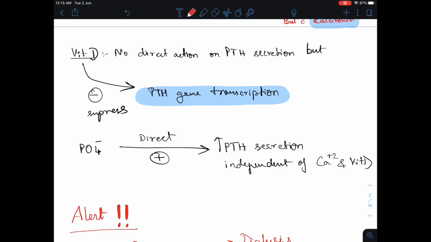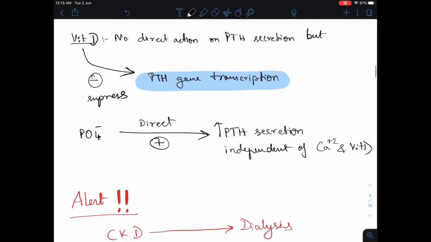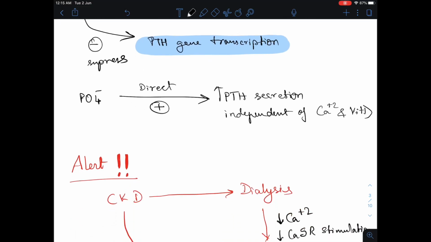And coming to phosphate, it has a direct action on increasing PTH secretion. Okay, it is independent of calcium and vitamin D, no matter what the levels are. If the phosphate is increased, there is an increase in PTH secretion.